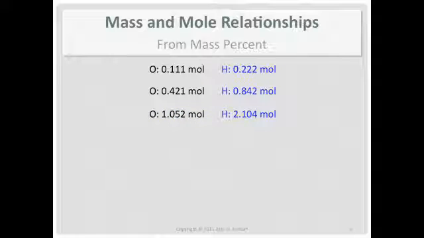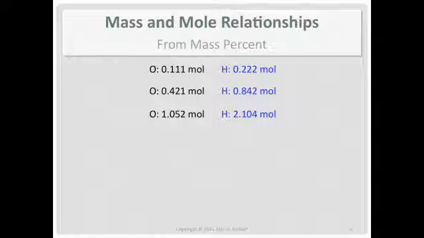Now look at the relative number of moles of hydrogen to oxygen. What's the chemical formula for this? Well, if you compare the hydrogen to oxygen, you see that in each case, there's twice as much hydrogen as there is oxygen. Twice as much hydrogen as oxygen, H2O. That's the chemical formula.